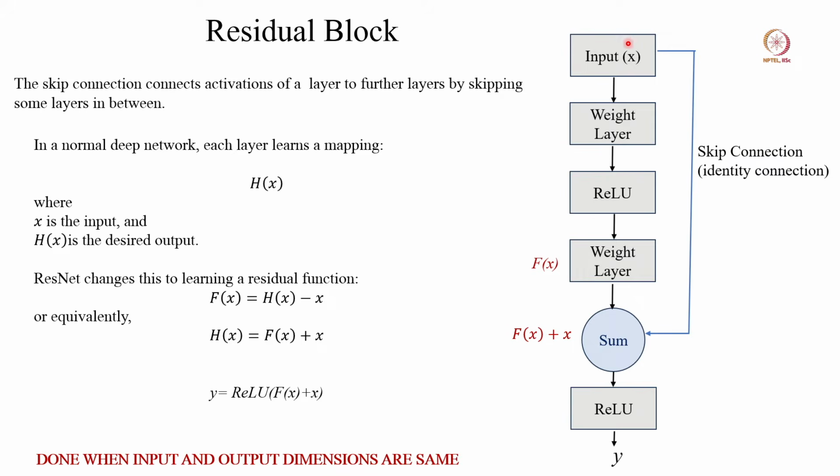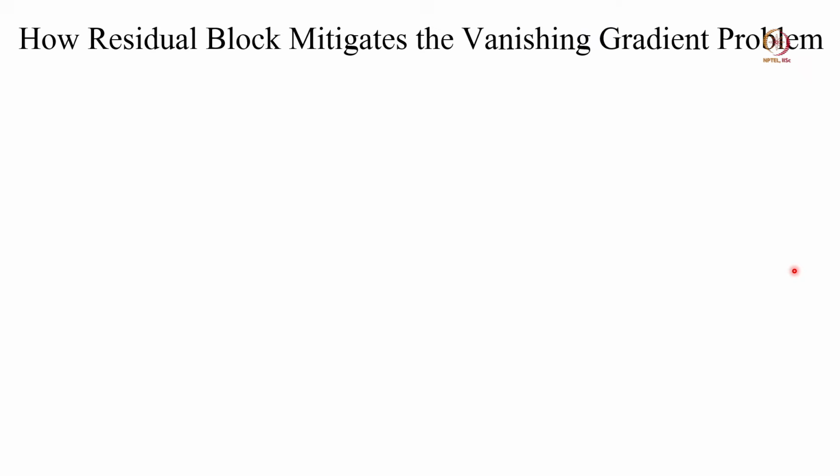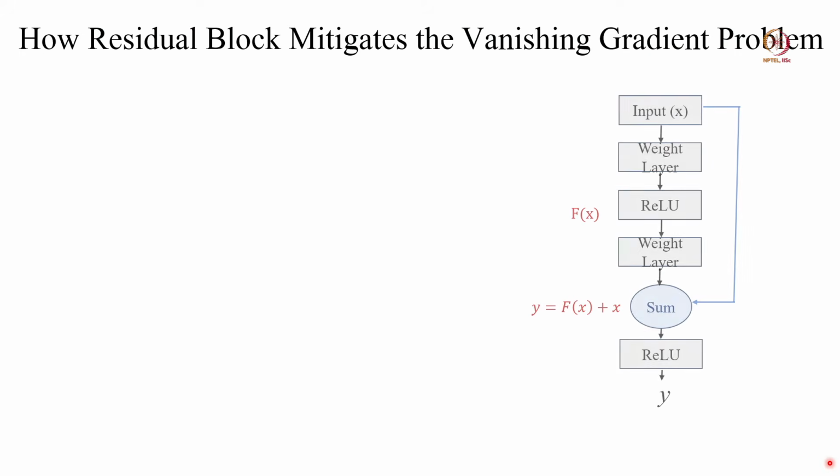That means, whatever input is coming to the neural network and whatever output we get, if both have the same dimension, we use this simple skip connection or identity connection. Now, how does the residual block mitigate the vanishing gradient problem? Because that is the main reason why we are going to this residual block.